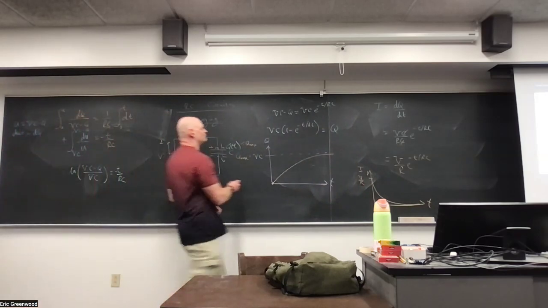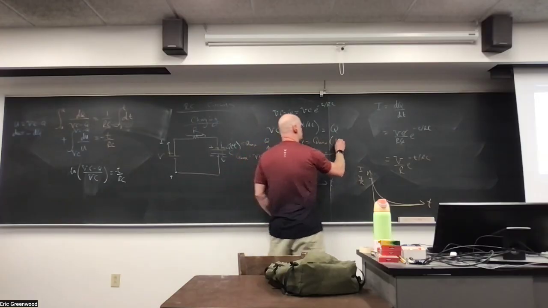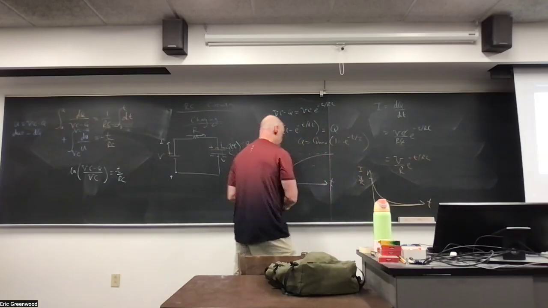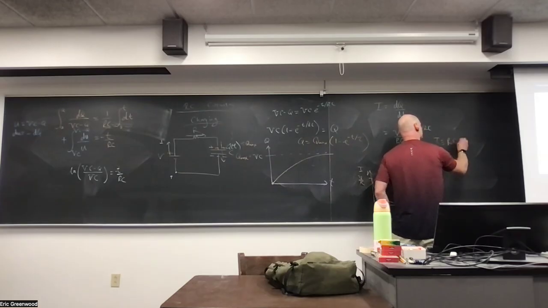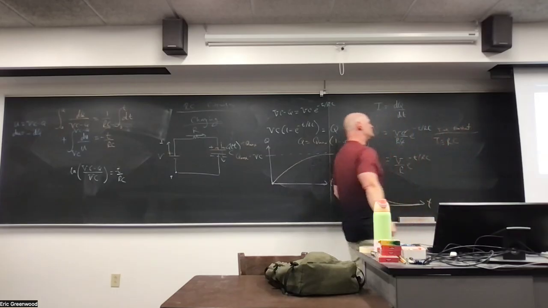So when it's charging, we're going to rewrite this as the charge is equal to Q max times 1 minus e to the minus t over tau, where tau is what's known as the time constant, which is simply RC. So this is what we call the time constant. So what's the time constant?